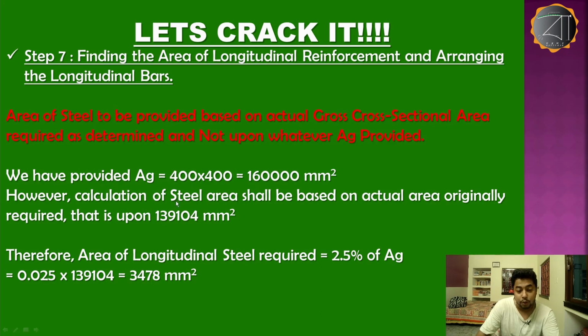However, calculation of steel area shall be based on the actual area originally required, that is 139104 mm square. Therefore, the area of longitudinal steel required is 2.5% of the AG, which we assumed initially, that is 0.025 multiplied by this area, coming to 3478 mm square. So, we have to provide 3478 mm square of reinforcement, right.